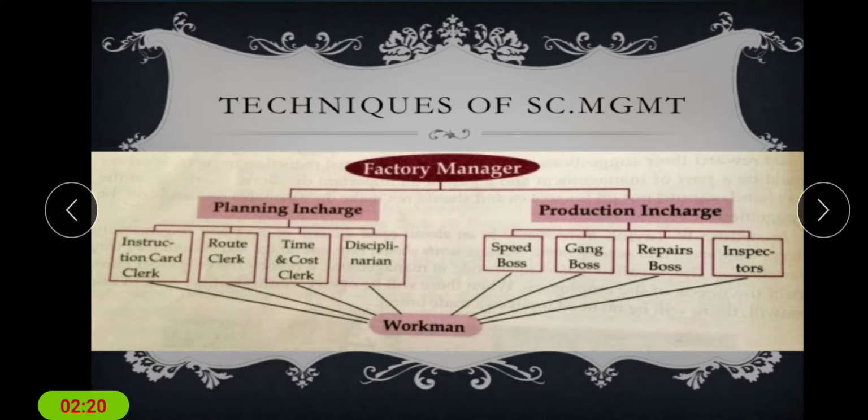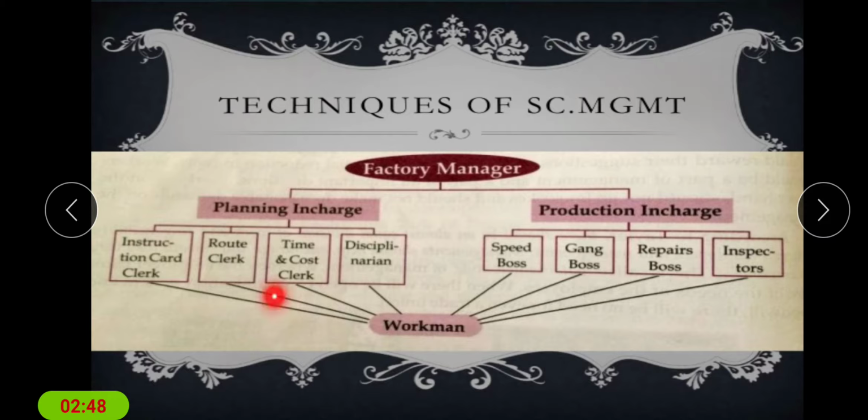Now, the instruction card clerk prepares detailed instructions for the workers regarding different work, such as special tools etc. to be used, techniques, and the number of operations and proper speed to be maintained. The route clerk plans the sequence of operations and instructs the workers about it.